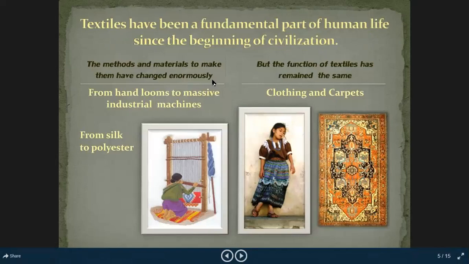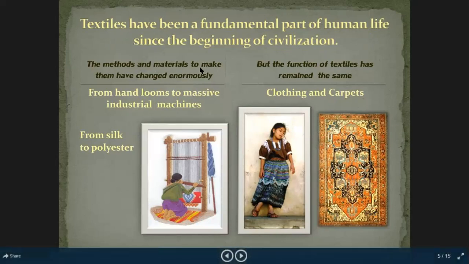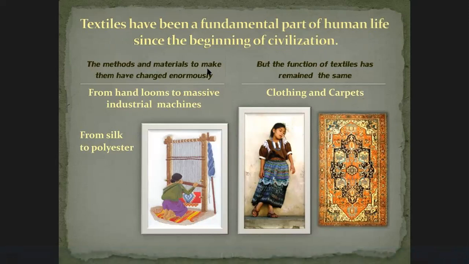Textiles have been a fundamental part of human life since the beginning of civilization. The methods and materials used to make them have changed enormously, but the function of textiles has remained the same.